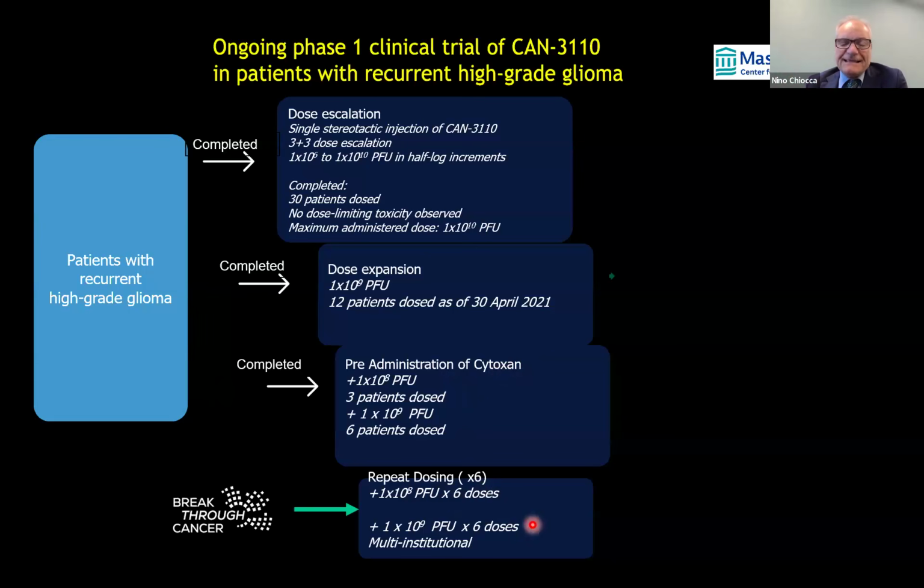And then we started a third trial, Arm C. And this is done multi-institutionally with 5 institutions throughout the United States through funding via this philanthropic foundation called Breakthrough Cancer. And the difference in this trial, instead of doing a single one-time point injection, we're doing up to 6 stereotactic injections over 4 months. So these patients are getting repeat dosing of the virus.